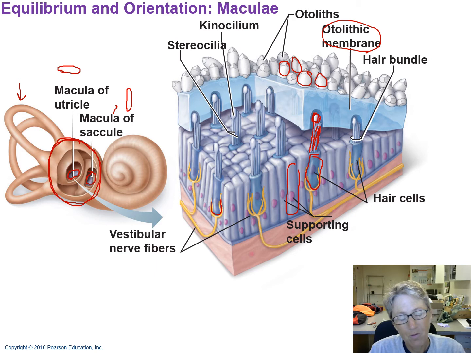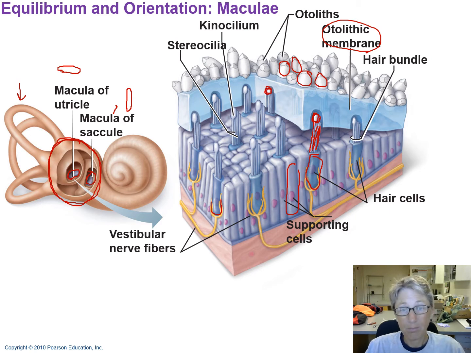If you understood how hearing works, you can understand that when you move your head in linear acceleration, or if you move forward, that's linear too, the otolithic membrane is going to move, and that's going to cause the kinocilium to bend.